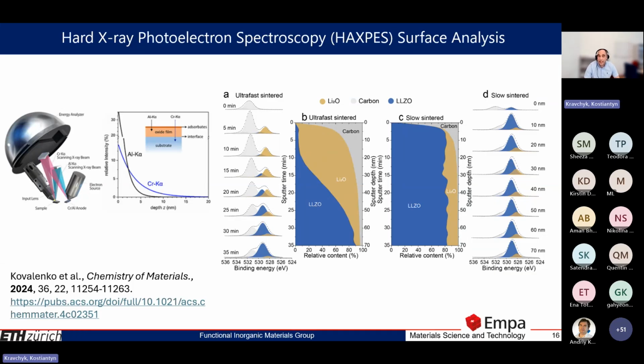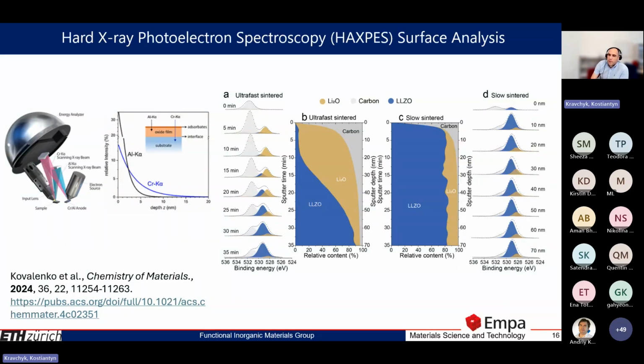And here you see an example of LLZO, the solid-state electrolyte, after ultrafast sintering and after slow sintering. So in this specific case, we characterized both surfaces, and we identified that this specific sample had quite a lot of lithium oxide at the surface, which was the reason why our electrochemistry was pretty bad.